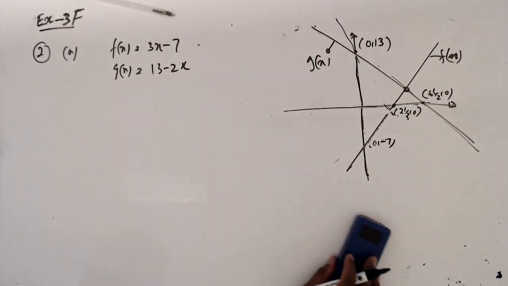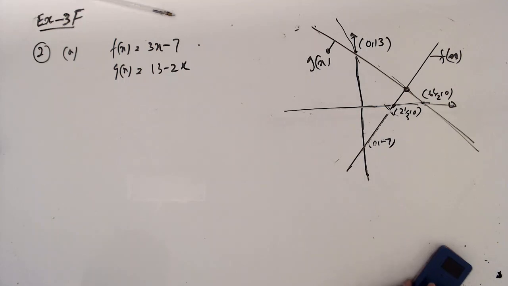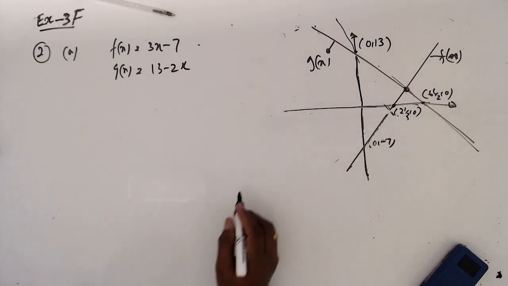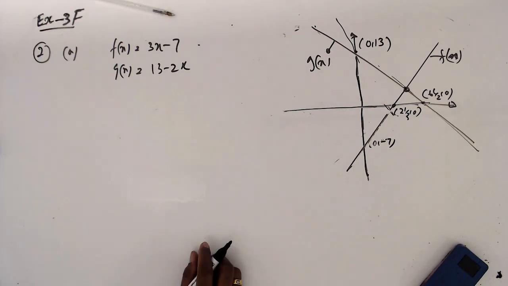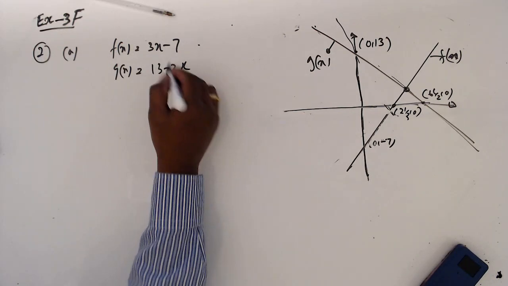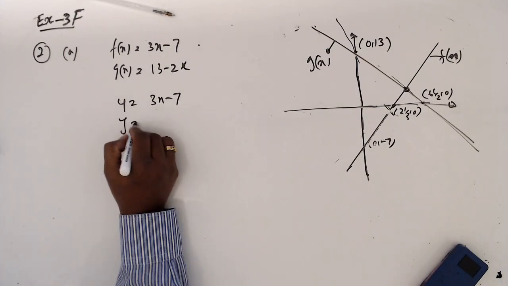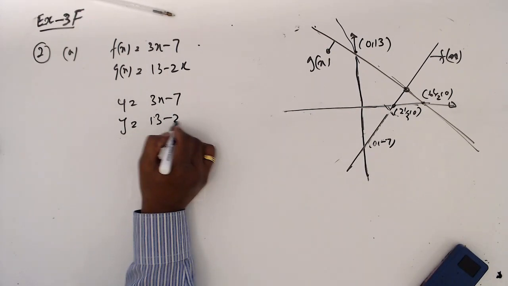Now part 2, find the coordinate of the intersection point. Now we have to solve these equations simultaneously. y equals 3x minus 7, y equals 13 minus 2x.